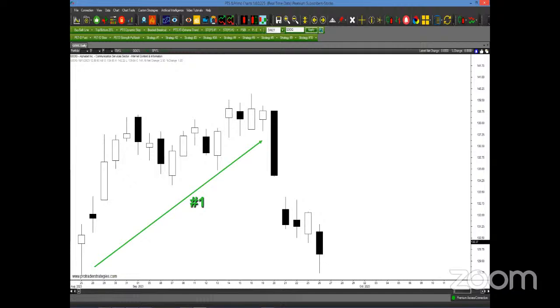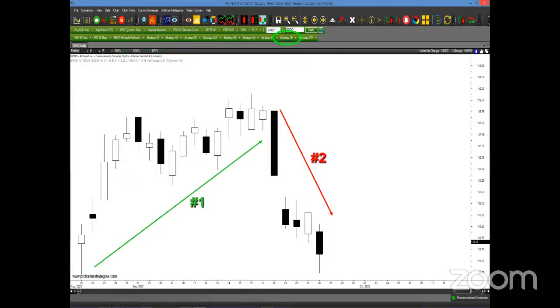Well, it may be true, but what we teach you in the course is to discern whether this is the beginning of a downtrend or if it's just a pullback, a buying opportunity. And guess what? What we teach you, you would have known that this was actually a pullback. So this is a buying opportunity. It's not the beginning of a brand new downward trend.